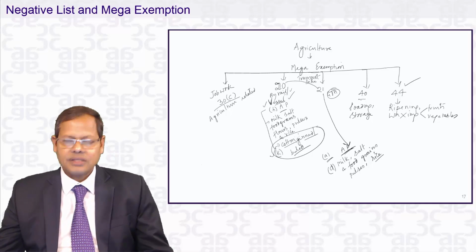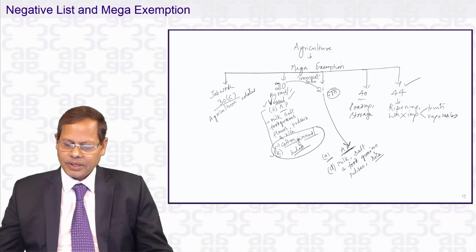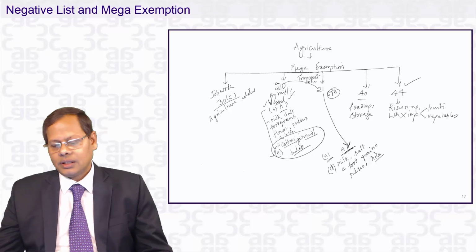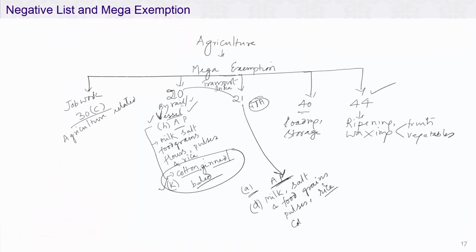So rice they have put under mega exemption because it was not under the negative list. So similarly, cotton from Western India and also South, cotton when it is in baled form, cotton bales, or ginned form, if it is transported through GTA, goods transport agent, it is exempt.